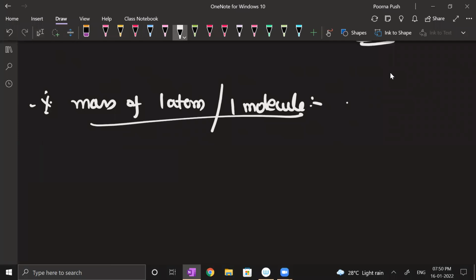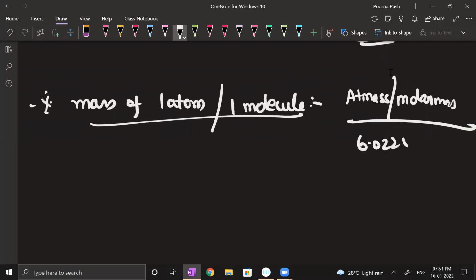Mass of one atom or one molecule is equal to atomic mass or molar mass divided by Avogadro number. If you divide by Avogadro number, then see, I will do one, and you do one, okay?